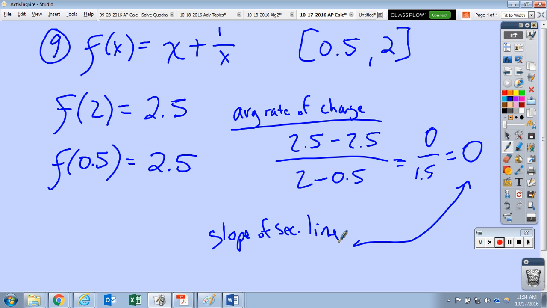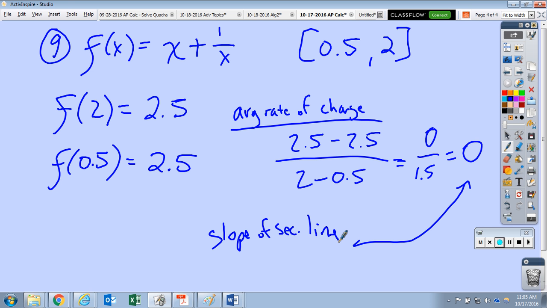I have a question. Yeah. So does that mean the secant line is horizontal? Yeah, this one happens to be where Rolle's theorem comes into play. We're running low on time, so it doesn't matter how you find the equation of the line, whether you like point slope form or slope intercept form.